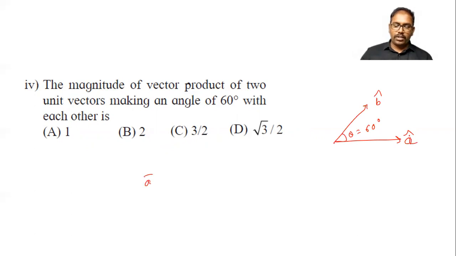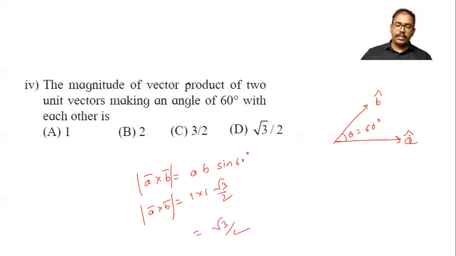So A cap cross B cap is equal to magnitude of A into magnitude of B into sine of 60. Now sine 60 is root 3 by 2, and magnitude of A and B is 1, so 1 into root 3 by 2. So A bar cross B bar magnitude is root 3 by 2, and it is in option D. So option D is the right answer.